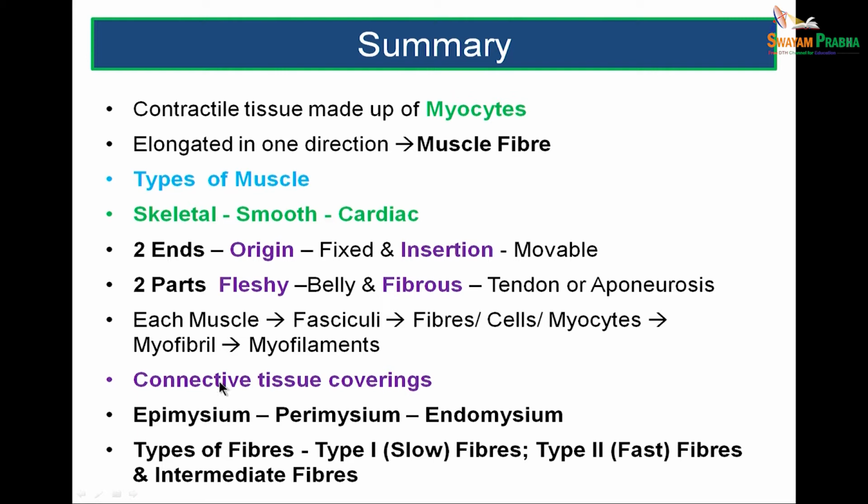We discussed connective tissue coverings like epimysium, perimysium and endomysium, respectively covering the entire muscle, the fasciculi and individual muscle fibers. Types of fibers we discussed: type 1 slow twitch fibers, type 2 fast twitch fibers, and of course the intermediate type of fibers like type 2 but less fatigable.